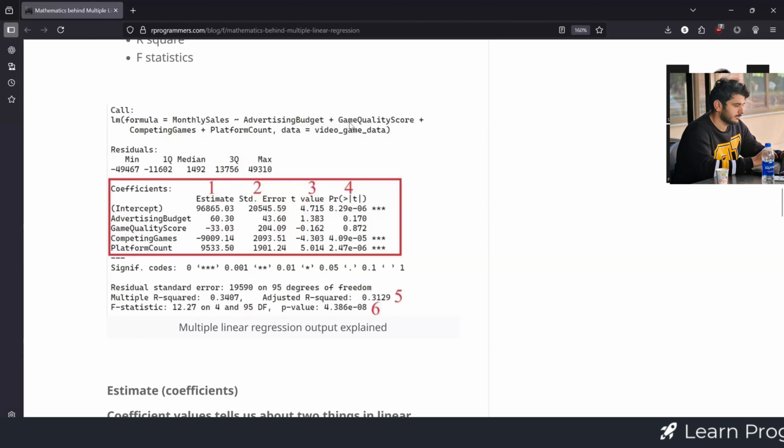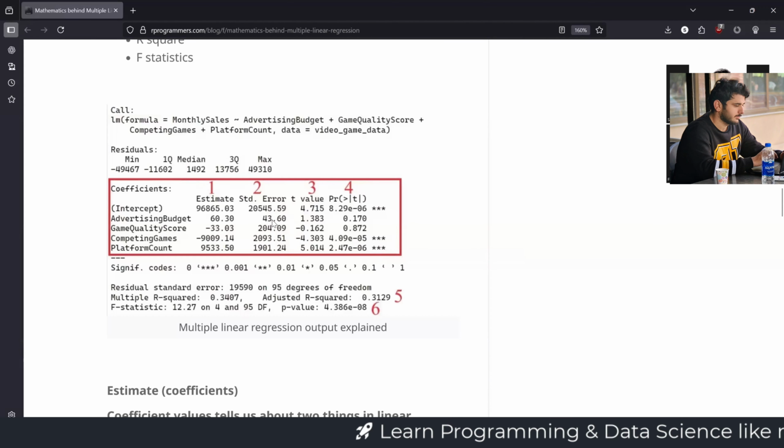And if we take a look at the game quality score, it is also not contributing as much as it should be in our data. But competing games has a p-value less than 0.05, and we are also getting 3 stars. This means it is statistically significant and strongly significant.